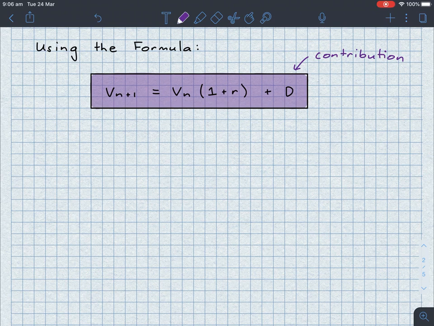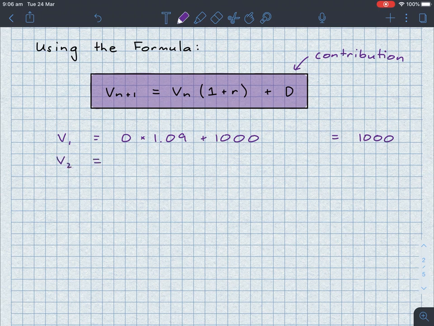So the way I would set this out using the formula would be that V1, so the value at the end of year 1, is what we started with, which was $0, times by, and again this bit in brackets, 1 plus 0.09, I'm going to write as 1.09, plus the $1,000, which will give us $1,000 as a final amount.